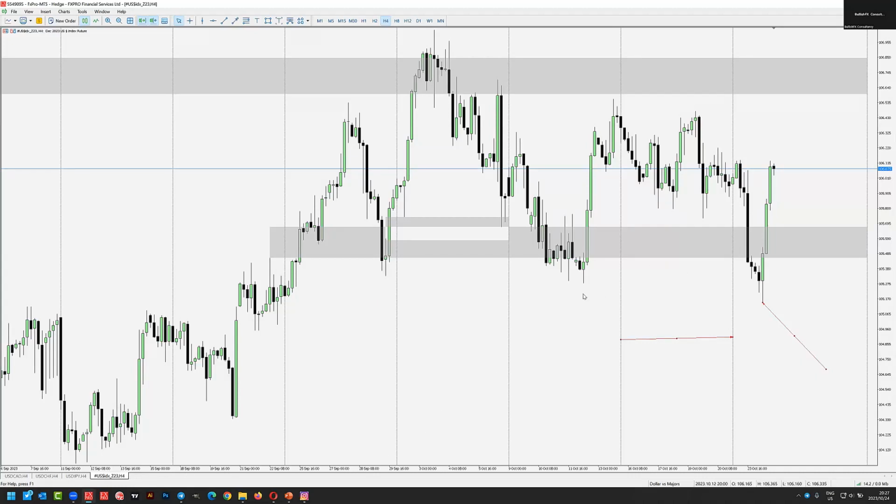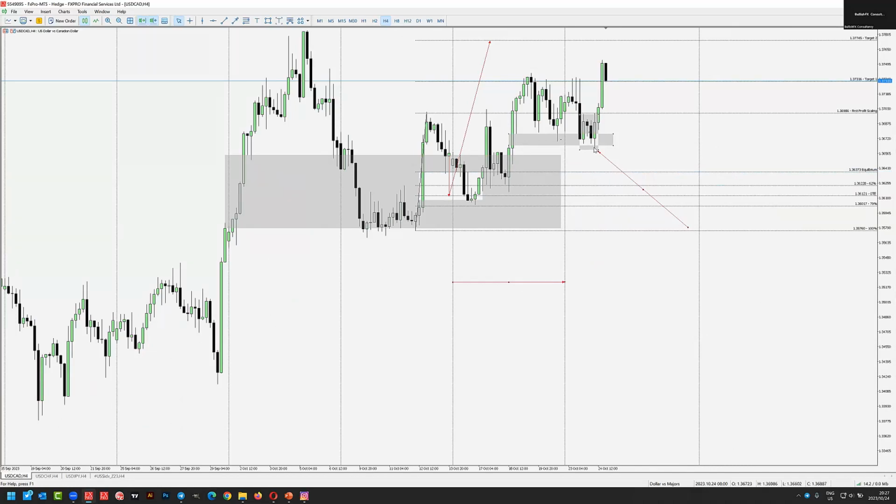So with dollar trading below previous week's low and USD CAD struggling, it didn't even go anywhere towards last week's low. That means there was underlying strength in USD CAD. So we're talking of this price action here, right?